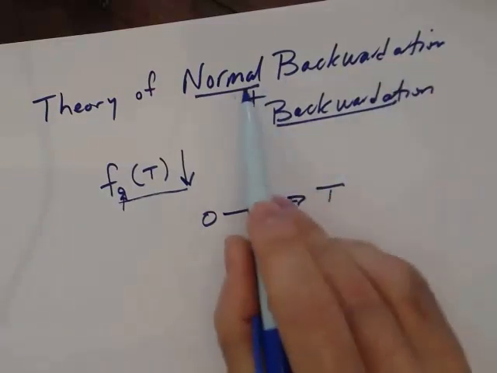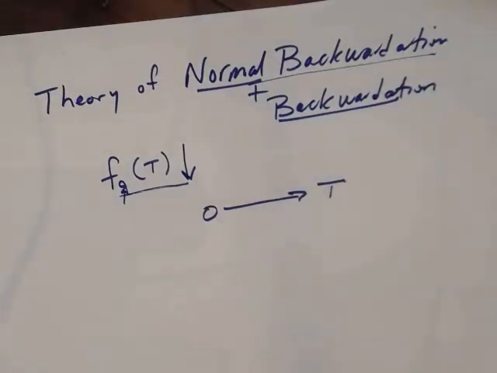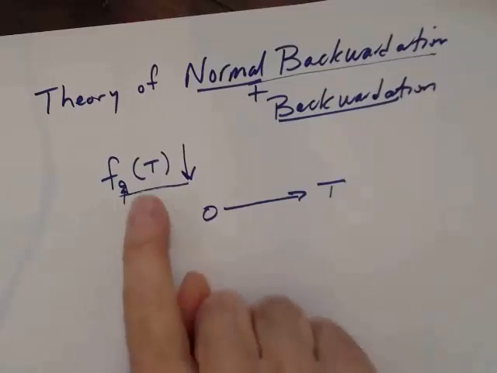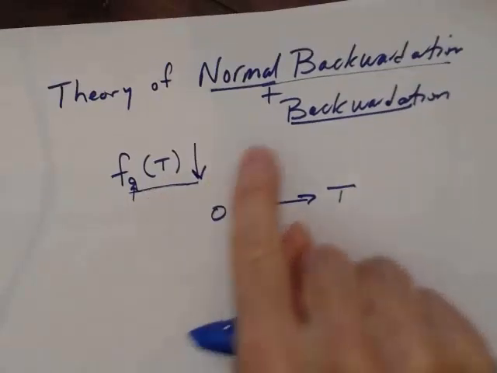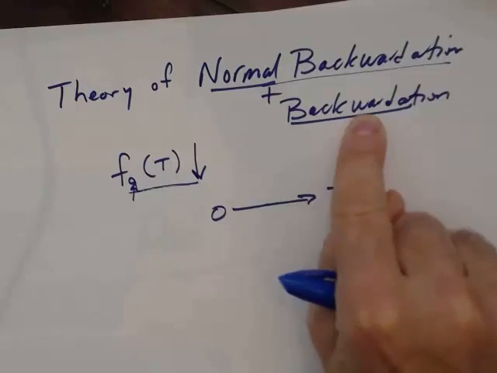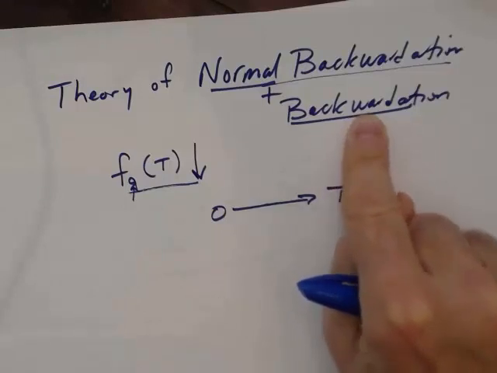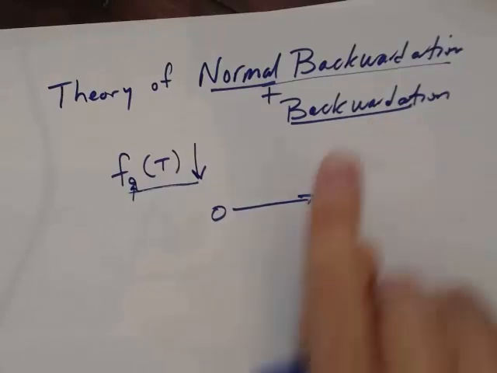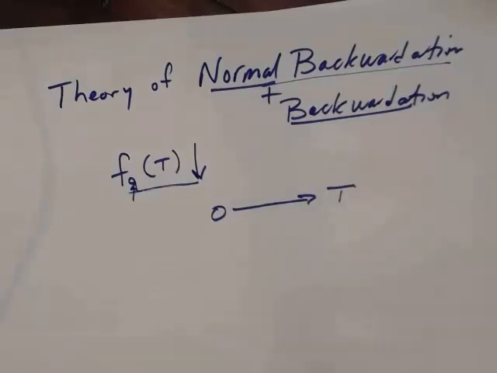Okay, so the convergence process is normal backwardization, and the fact that the futures price is below the spot price is known as backwardization. If that sounds confusing, the graph that I'll show you in a few minutes will make that more clear.